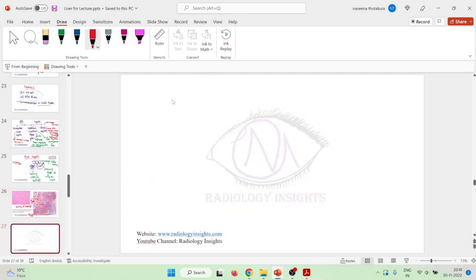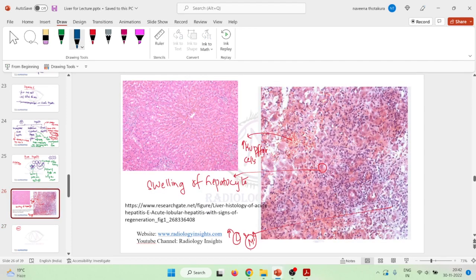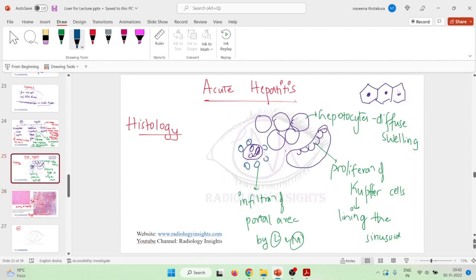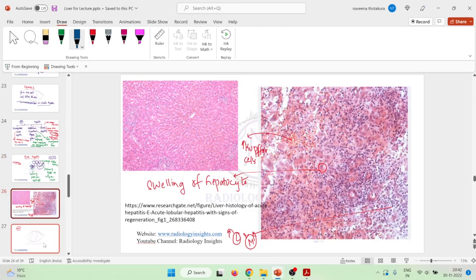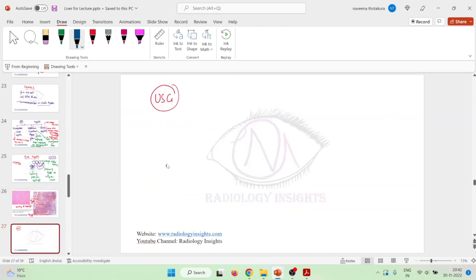Then what do you see on ultrasonography? On ultrasonography, see the whole liver. The cells which should be in hexagonal shape become diffusely swollen. As a result, the whole liver parenchyma will show decreased echogenicity.